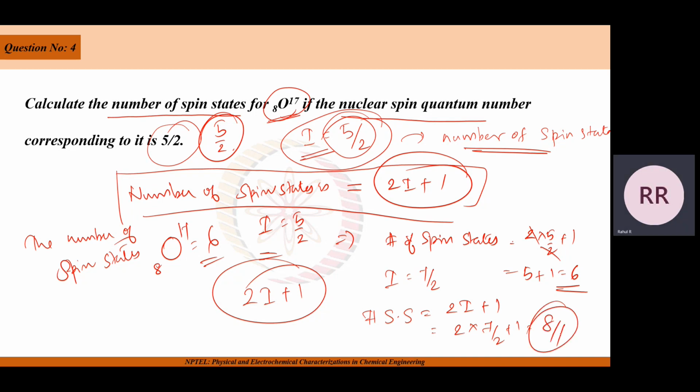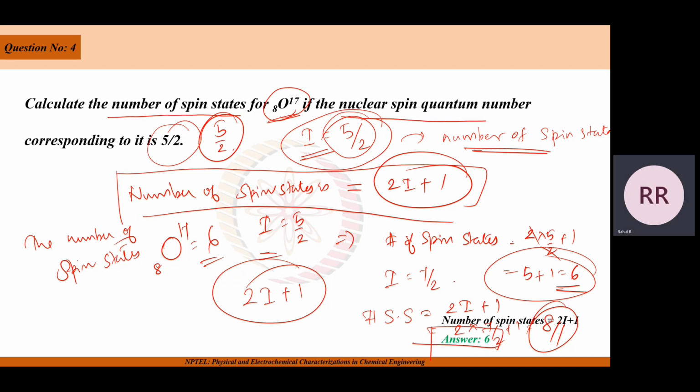So this is a very simple formula, but it gives you very good information about how many spin states are possible for a particular atom. The answer to the previous question is nothing but 6.